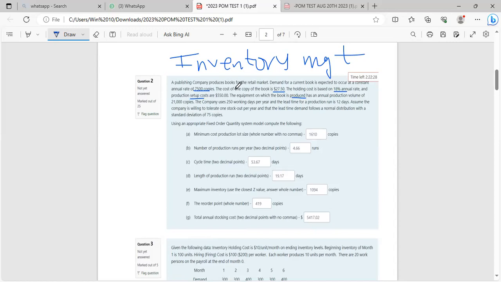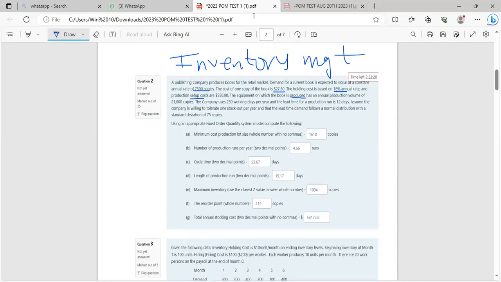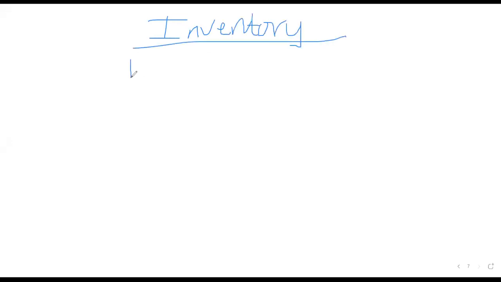Then the lead time is only... So here under inventory for this question, our demand is 7,500. Then our annual production is 21,000 copies.